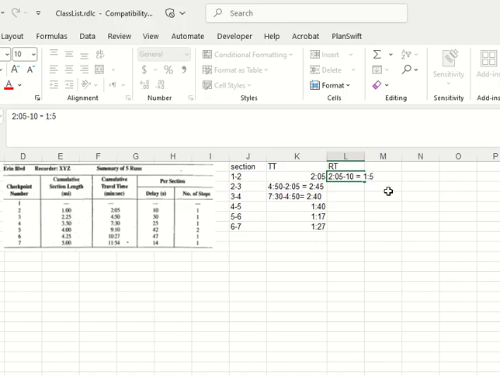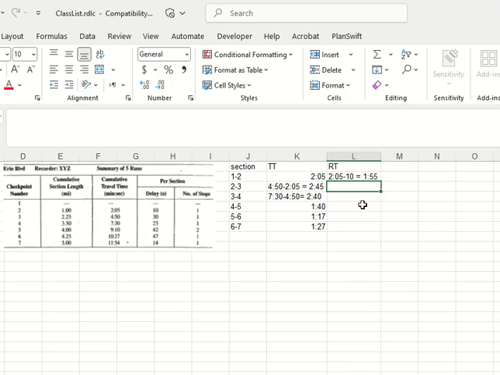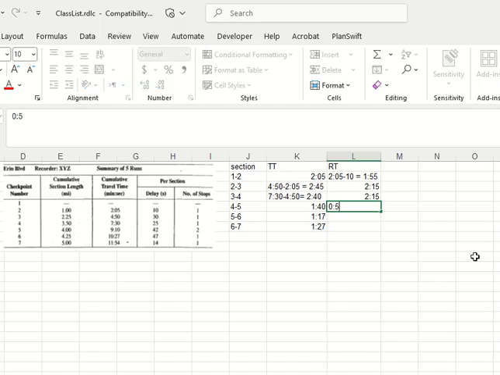Which is 155. Okay, then 245 minus 30, that's 215. Okay, then 240 minus delay 25 seconds, so 215. Okay, then 140 minus 42, 058.